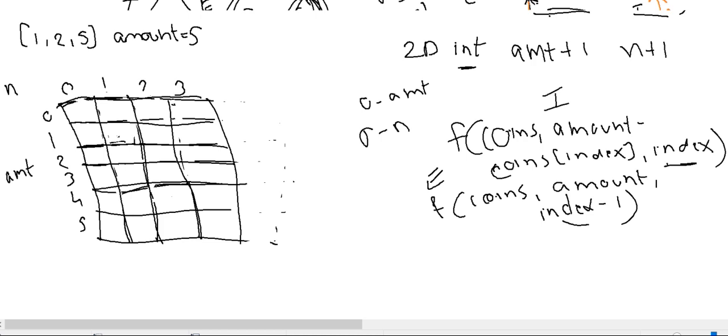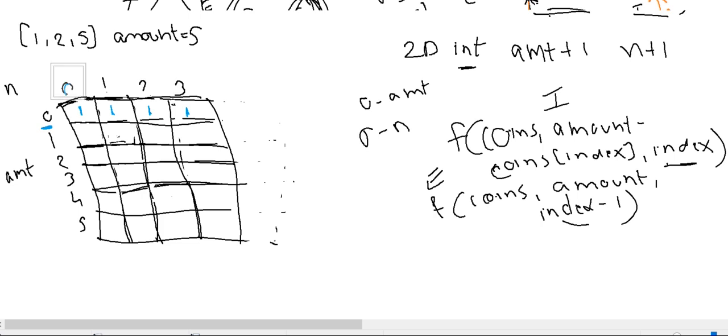Now I need to populate my base case. If my amount is 0, what did we do in the recursive function? If the amount is 0, that means we already found a combination, so we return true. So if the amount is 0, we populate all the cells as 1. That is my base case. Another base case was if my index is less than 0.